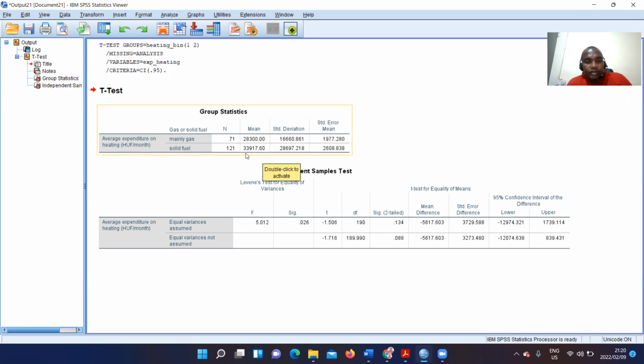On solid fuel is 33,000. It's higher, 33,917.6. But what I'm interested in is to test the hypothesis of independence among the two groups.